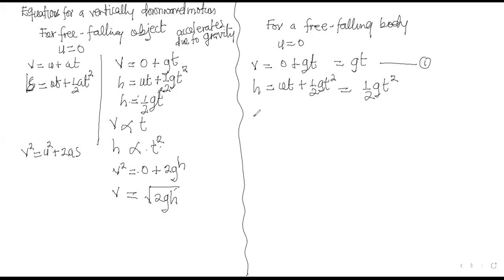And then the third equation, v squared is equal to u squared plus 2gh, which is equal to 2gh, and v will be equal to the square root of 2gh. So these are the three equations for vertically downward motion, which is actually free falling, when gravity is the only force acting on the body.